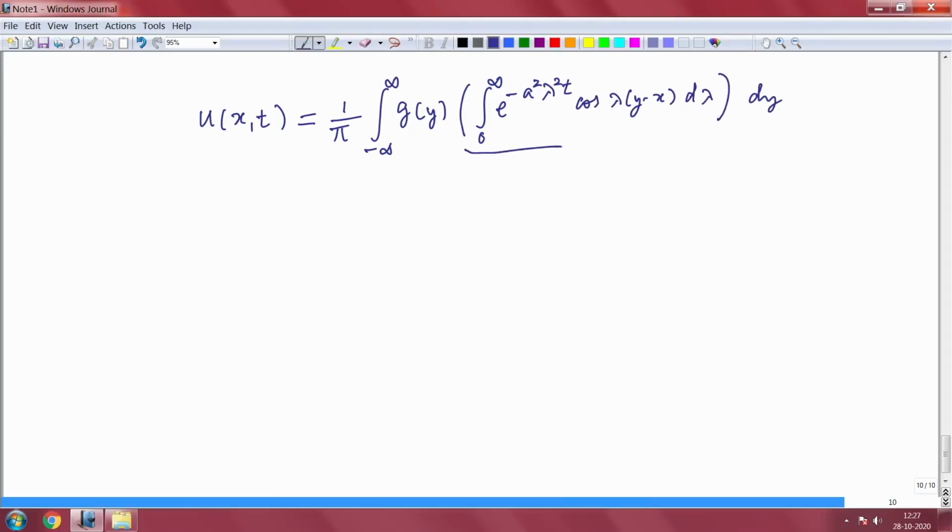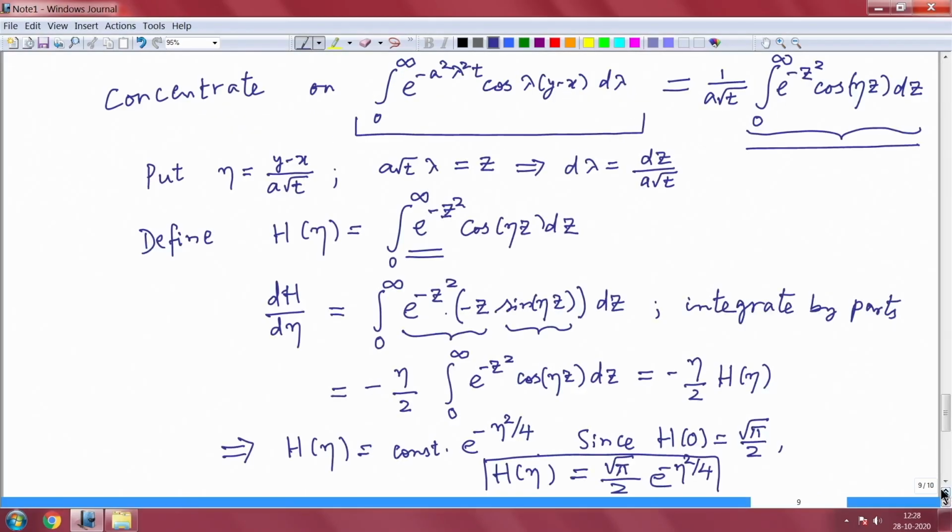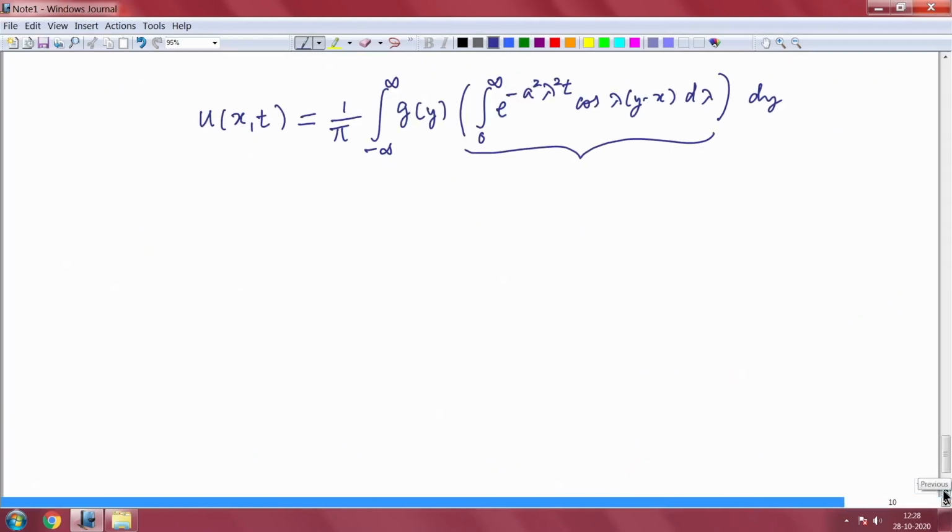So, we analyze this thing separately and we obtained this function h theta, and there is a 1 by a root t, and again we substitute back this variable eta in the original variables.